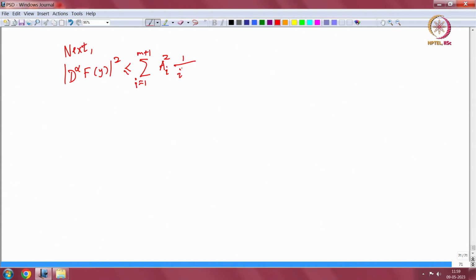Okay, 2 alpha n. So this is the nth component of the multi index, and then d alpha f y prime, y minus y n by I, square.